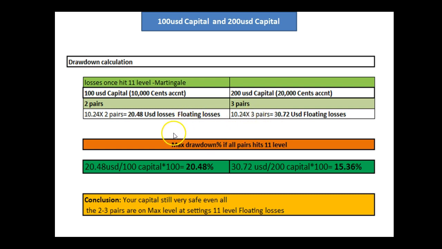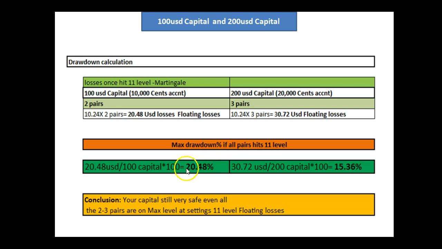Alright. So what is your drawdown percentage if the pairs hit 11 levels and your EA stops, because you already set it at 11 levels? We divide 20.48 by your capital and multiply by 100, which is equivalent to 20.48%.